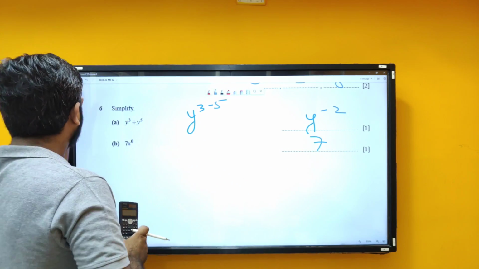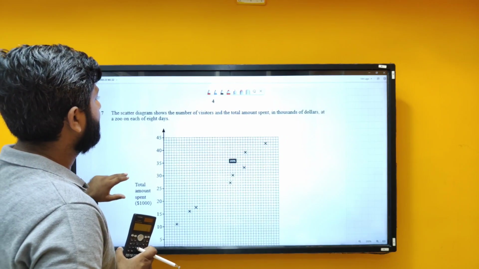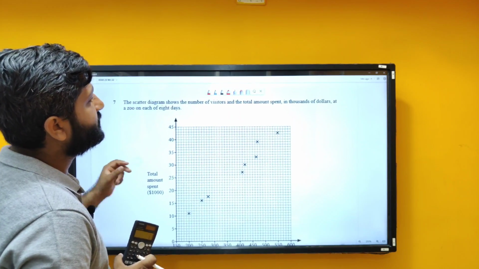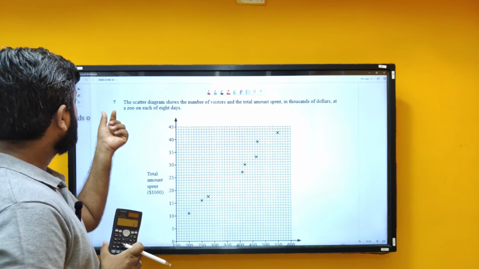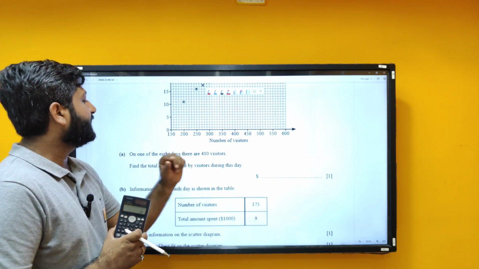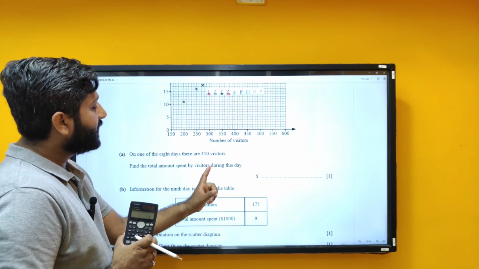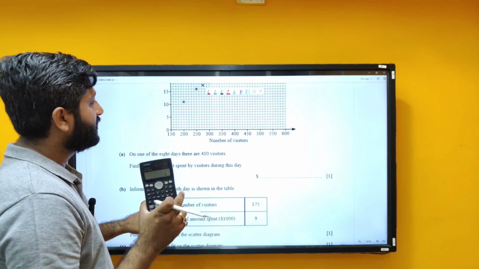Next question. The diagram shows the number of visitors and the total amount spent in thousands of dollars on a zoo on each of the 8 days. On one of the 8 days, there are 410 visitors. Find the amount spent by visitors during this day.